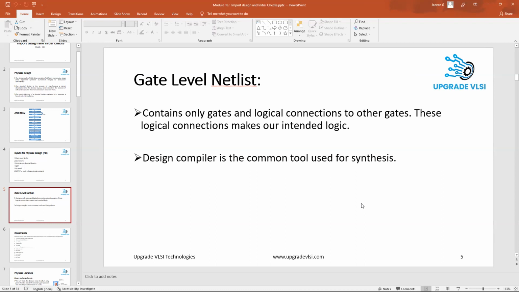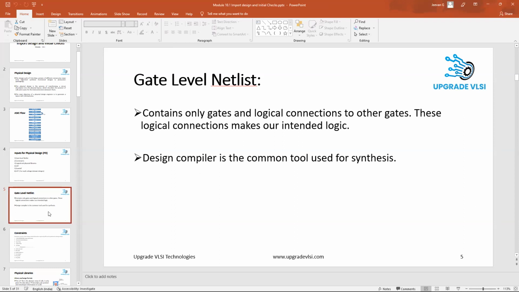Fusion Compiler is the latest trend from Synopsys. Design Compiler is the dedicated tool for synthesis. Nagendra, Design Compiler was introduced by Synopsys, right? Yes.